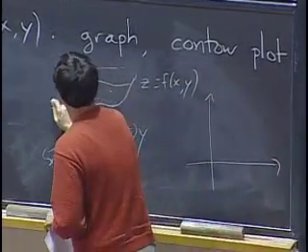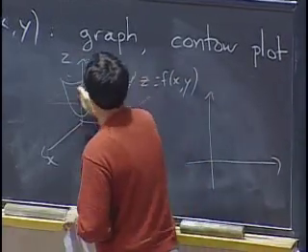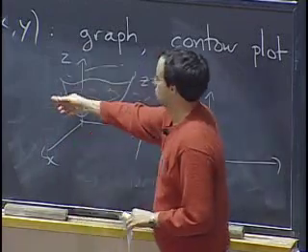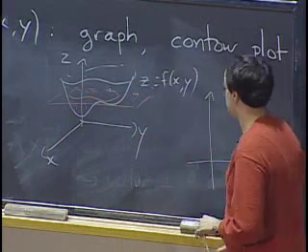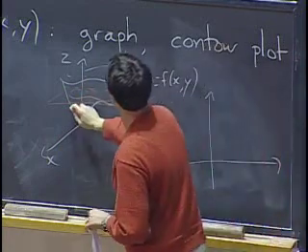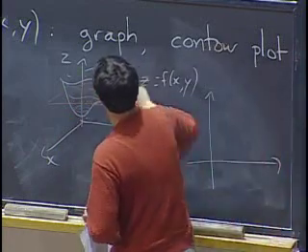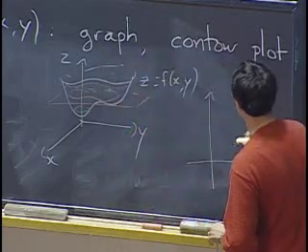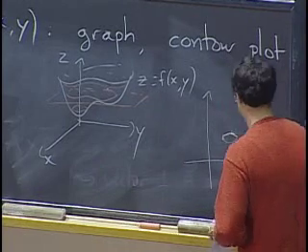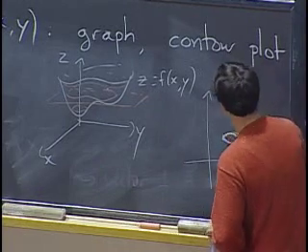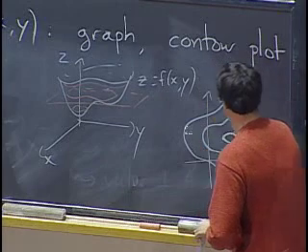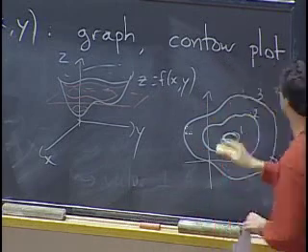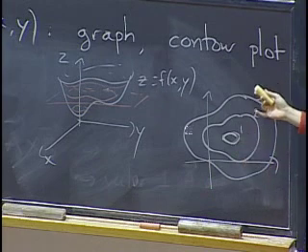It will tell us what the various levels are. What it amounts to is we slice the graph by horizontal planes, and we get a bunch of curves, which are the points at given height on the plot. Then we look at them from above, and that gives us this map with a bunch of curves on it, and each of them has a number next to it which tells us the value of the function there.